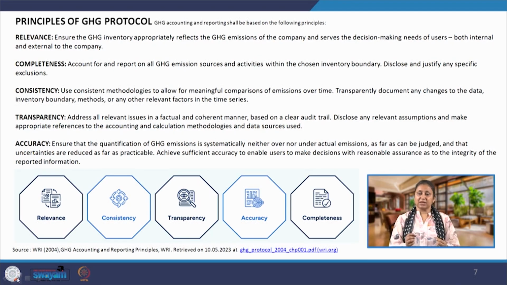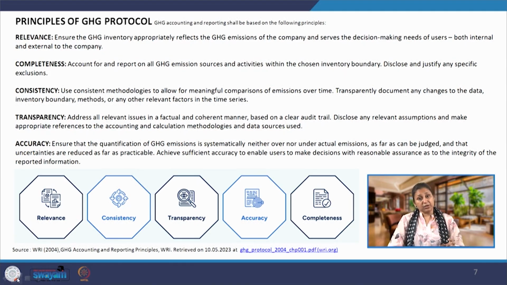So, sometimes there could be certain activities or certain specific points which might be omitted or which are too insignificant to be included, but we have to reduce the uncertainties as far as possible. And we have to achieve sufficient accuracy to enable users to make decisions with reasonable assurance as to the integrity of the reported information.